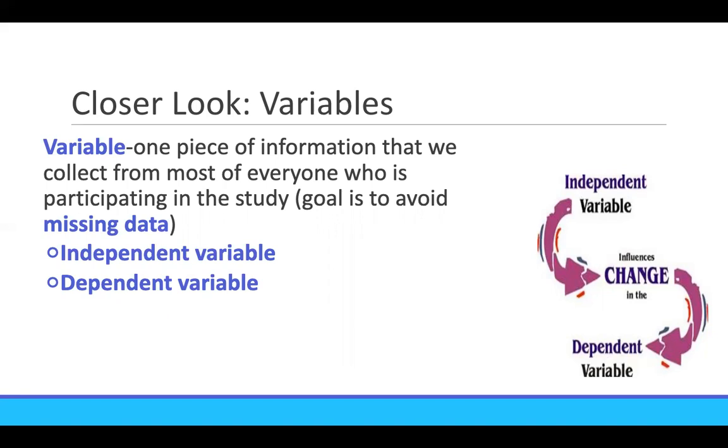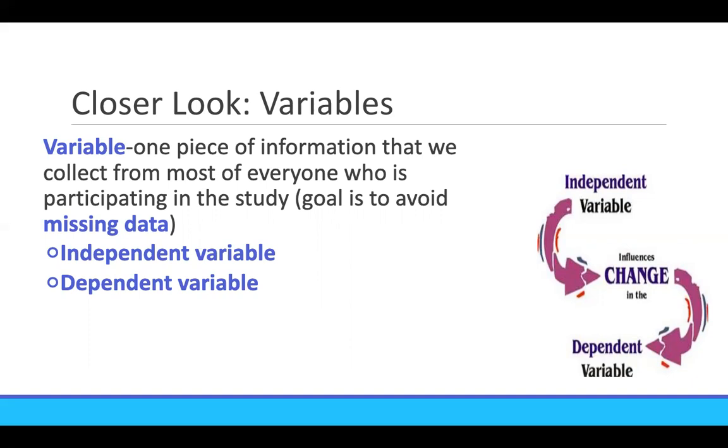So the primary variables of interest in most research studies, particularly if we're doing deductive research, are the independent variable and the dependent variable. And the independent variable is the variable that influences the change in the dependent variable. In sociology, oftentimes we want to avoid terms indicating causality, unless we're really clear that there is a causal relationship.